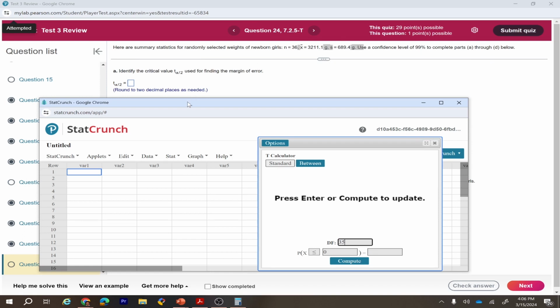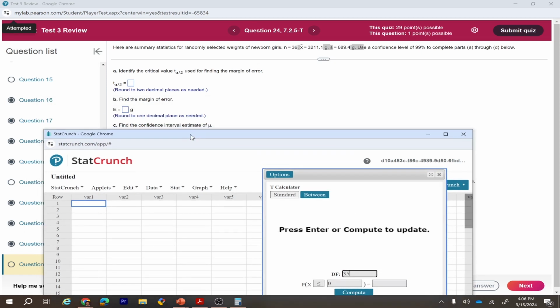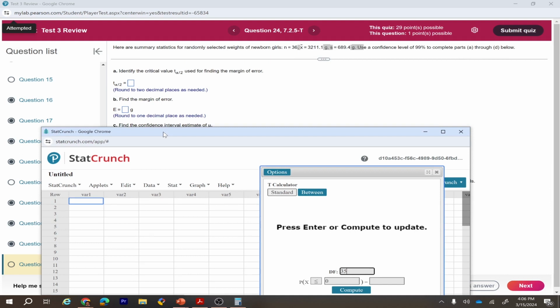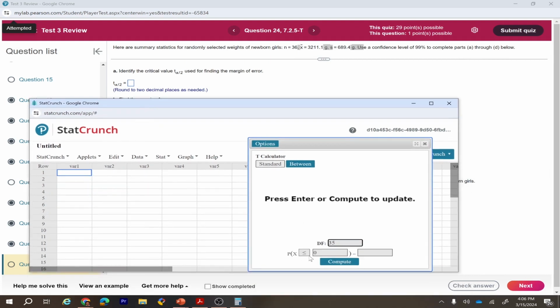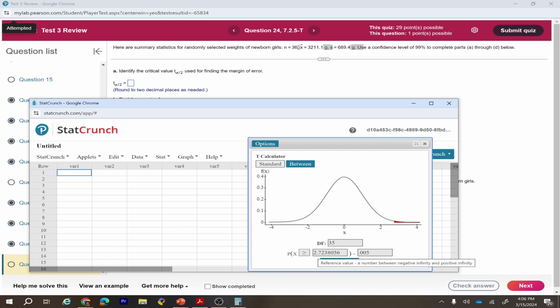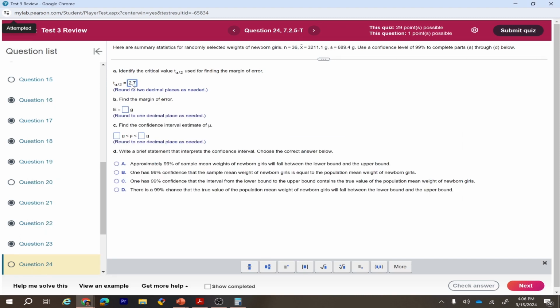Remember, alpha comes from the confidence level. In this case alpha is 1%, alpha over 2 is 0.5%, which is 0.005. So you are looking for the t-score such that the area to the right is 0.005, which is 0.5%. That is the t-score, which is 2.72.